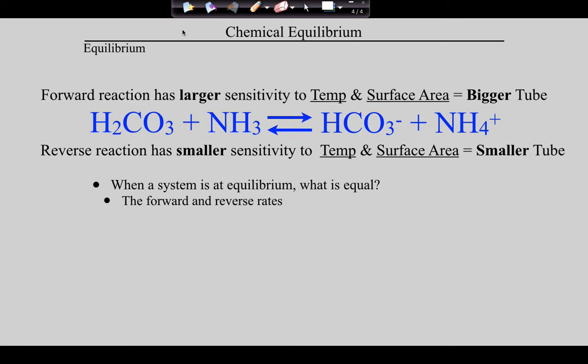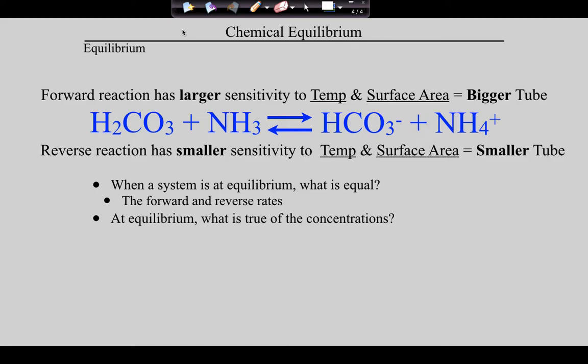So guys, when you're at equilibrium, the forward and reverse rates are equal. If that's not something that's jumping off the page at you, guys, I would do something to make your brain go, I need to know that, because you're going to see that on the test as well. That's foundational information. So guys, when a system is at equilibrium, same amount of stuff forward as backwards at the same time.